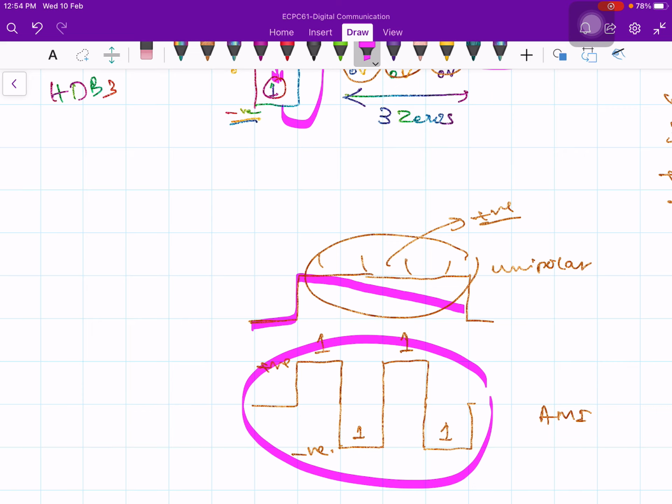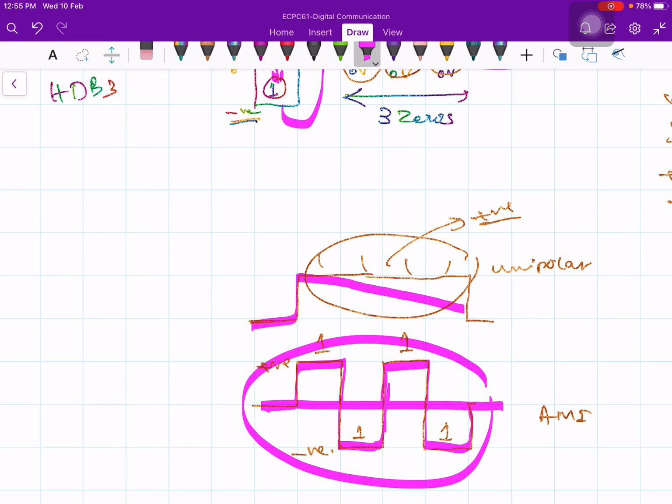That means the average value is again 0, no DC wandering, and synchronization is also not a problem, because every bit keeps alternating. For the first bit it is positive, the next bit it is negative, and the next it is alternating; every bit it is crossing the 0 value.